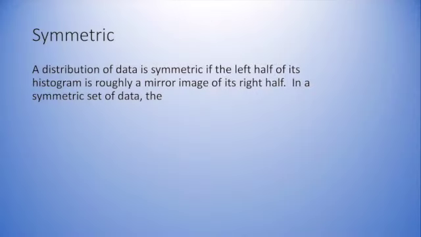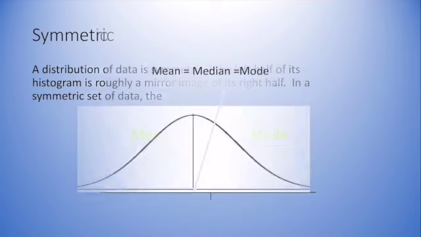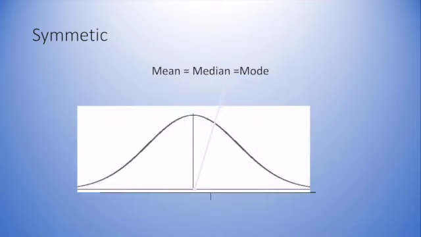A friendly reminder that a distribution of data is symmetric if the left half of a histogram, or our normal curve, is roughly a mirror image of its right half. In symmetric data, our mean equals our median equals our mode. That's a key point of symmetric data. Here we have our normal curve, where mean is median is mode.